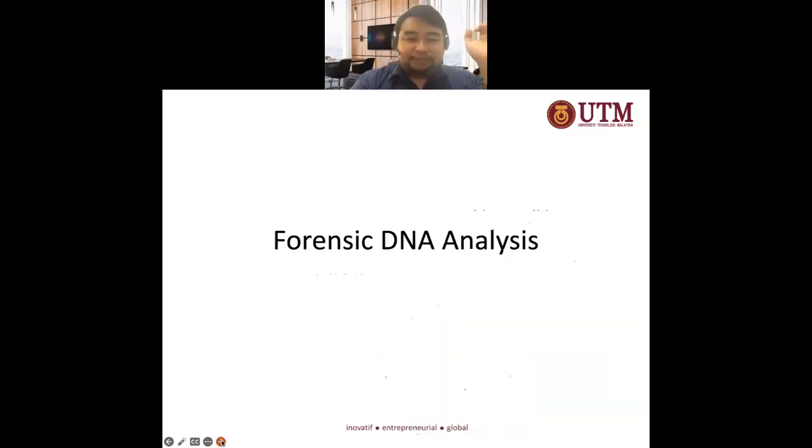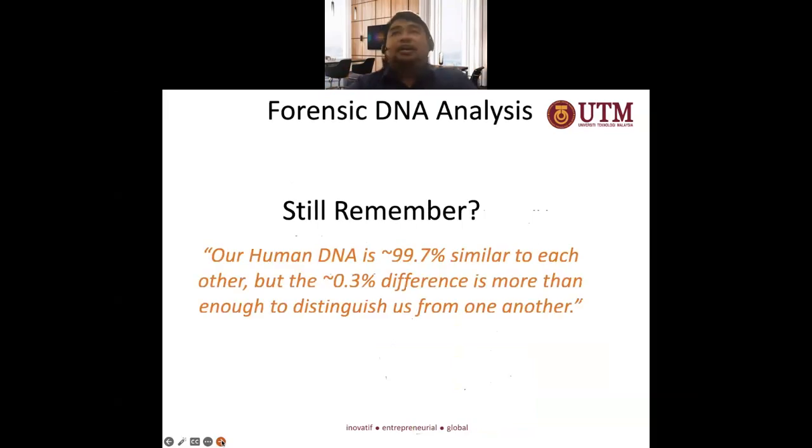Now we have looked into the types of DNA and where to find DNA. I'm sure you still remember that 99.7% of our DNA is similar to each other, and only 0.3% makes us different from one another.